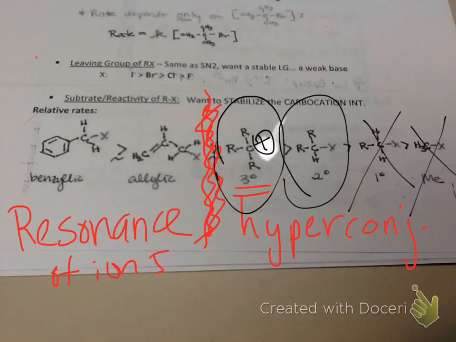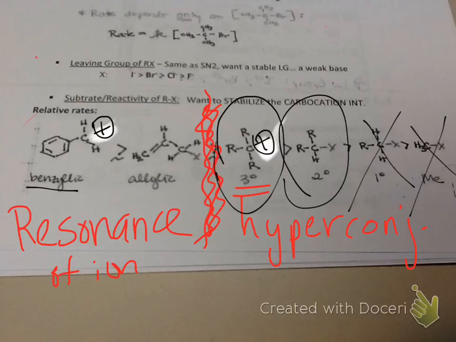There are two ways you can stabilize an ion by resonance: when that ion is created in a benzylic position or an allylic position. So notice here we have a benzylic halide. The halide attached, when it dissociates at that position, will form a carbocation. And once that carbocation forms, it's benzylic. It's stabilized. There are 4 contributing structures. Benzylics are the most stable by resonance.